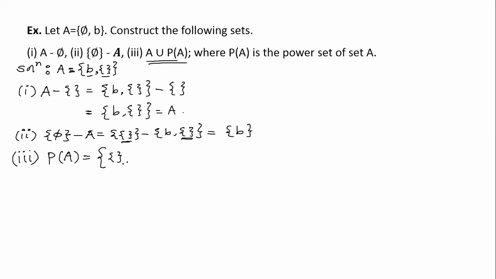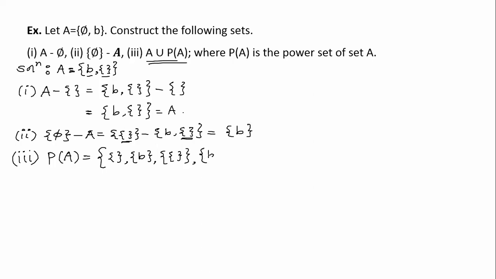Obviously the first will be the empty set, then the second will be a set which contains only the first element, then the next element in the power set of set A, that is a subset of set A, will be a set which contains only the second element, this one, and the last will be the set A itself.